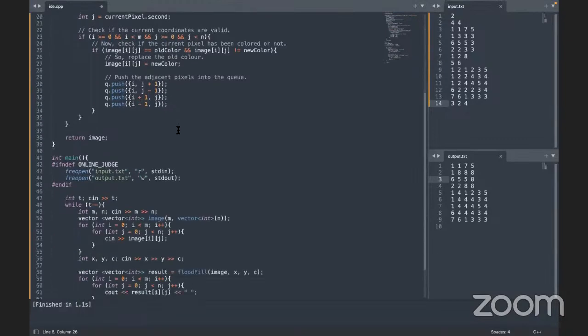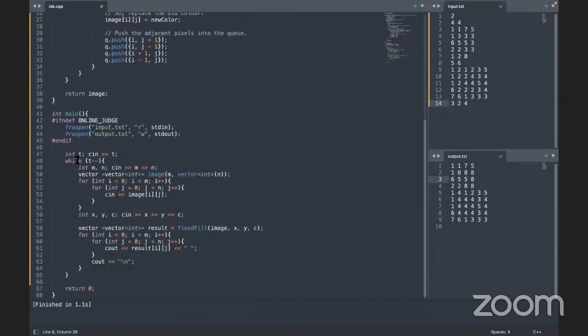So, this is the part where we're taking the inputs for our matrix, for our m comma n, and this is our matrix. And we're taking the inputs for the matrix, then we're taking the x comma y, c input. Next, what we are doing is we are building a new matrix, result matrix.